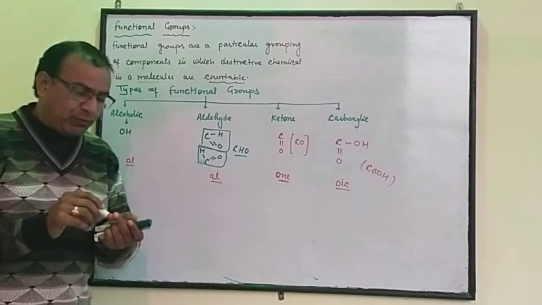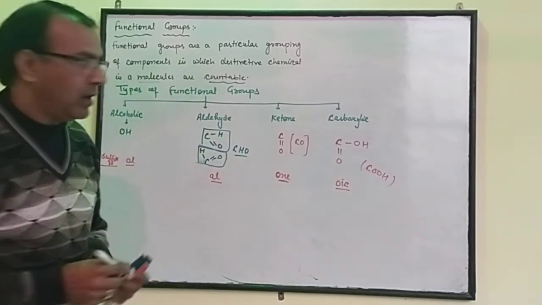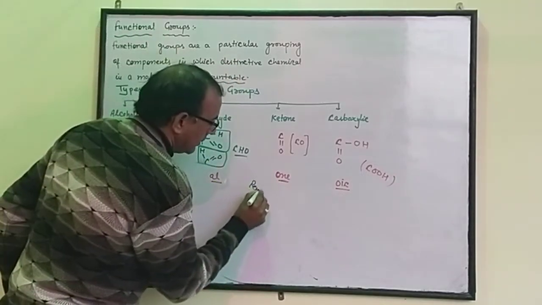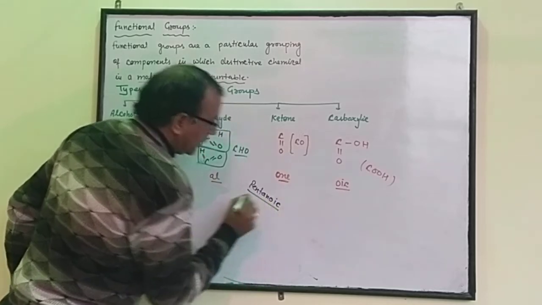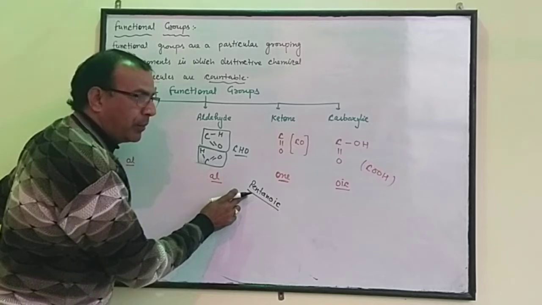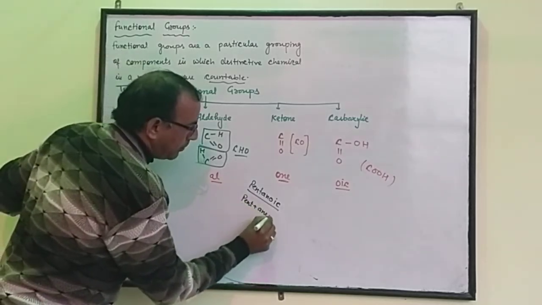Suppose we have to draw the chemical formula of pentanoic acid. How can we draw pentanoic? What is pentanoic? There are three parts. It is made up of pent plus ane plus oic.